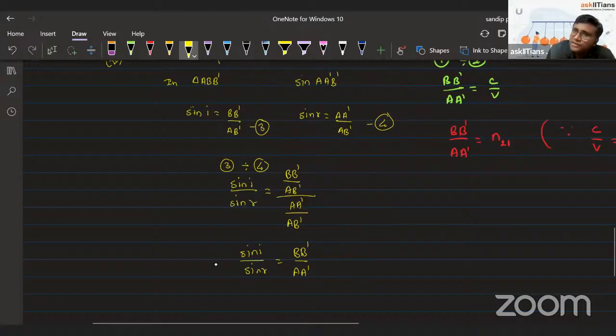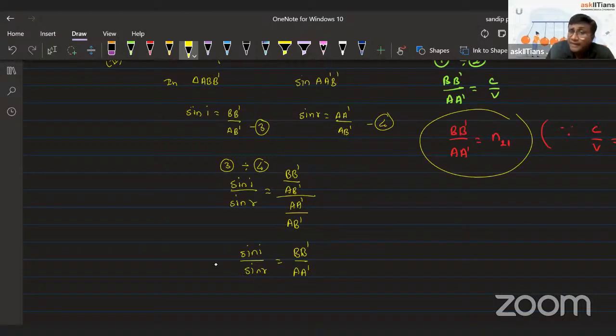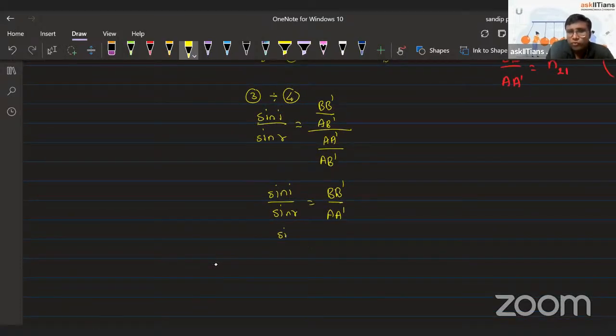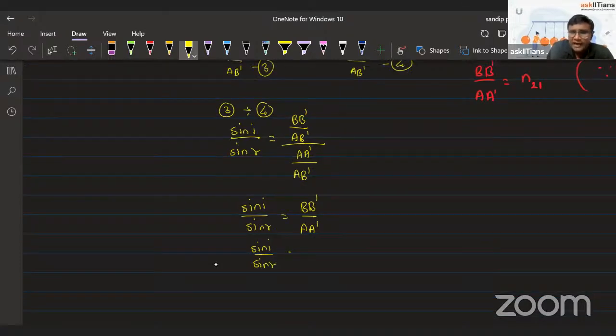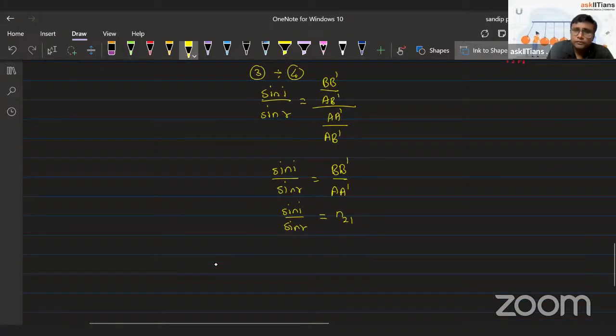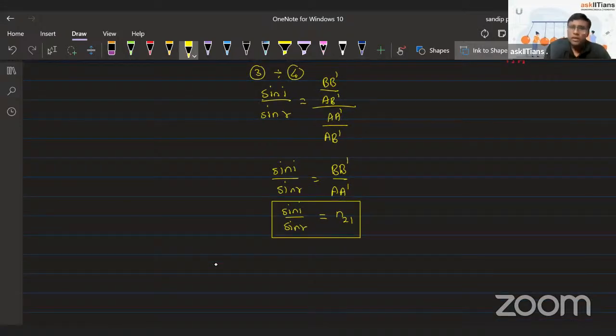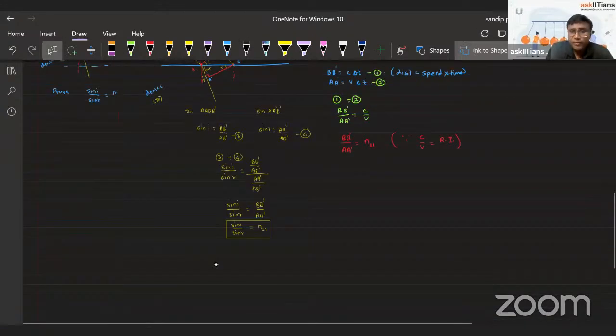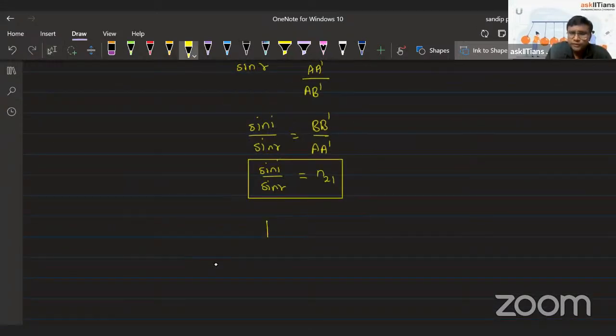From this equation, we can see that it is nothing but your refractive index. Therefore sin I upon sin R is equal to the refractive index, let's say n21. So this is how we can prove Snell's law. This is also called Snell's law, if you remember from ray optics.